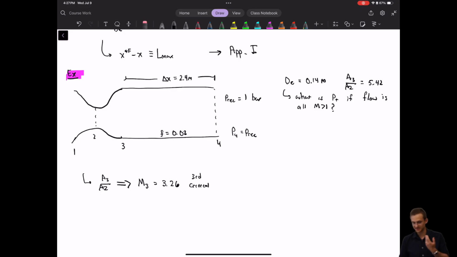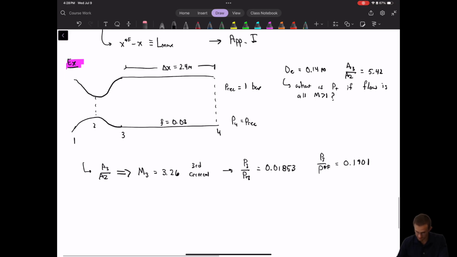And that's what we mean by saying if the flow is all Mach number greater than 1. So we have that, and then from there we can get P3 over PT3 from the isentropic relations. This is 0.01853. And then P3 over P star F, okay, remember that's just a function of the Mach number at station 3, is equal to 0.1901.